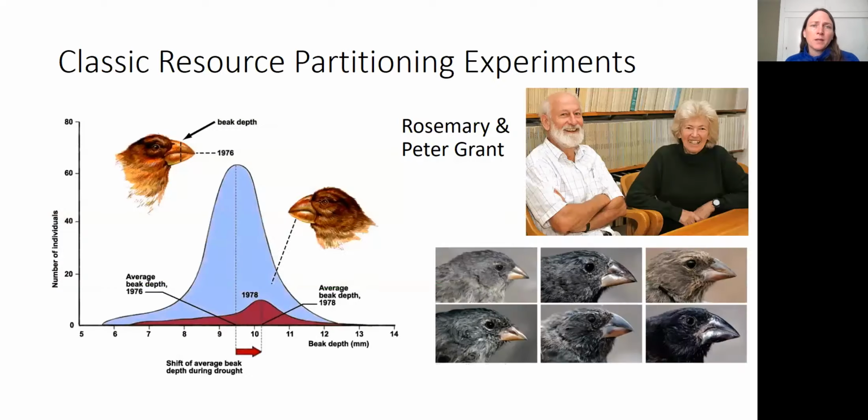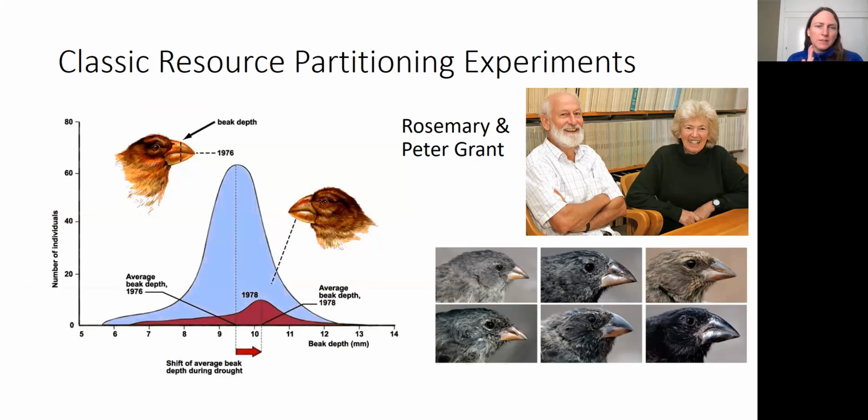And so here's a classic resource partitioning experiment from Peter and Rosemary Grant, who were studying these finches in the Galapagos. And what they found was this shift in beak depth after and during a drought. You have this beak depth that was average in 1976, shown in the blue color.